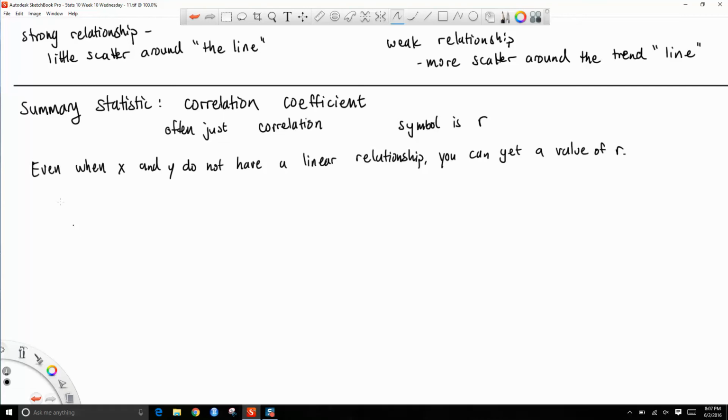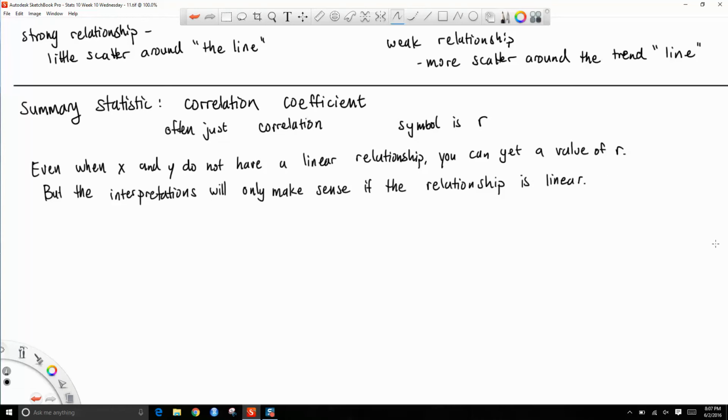Okay, so basically the sign of R is the direction of the relationship.